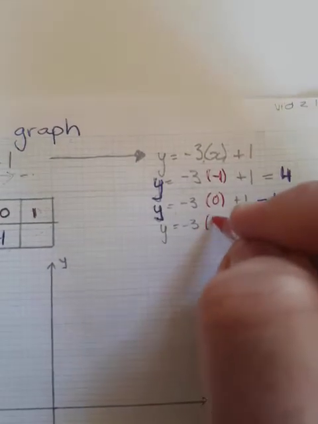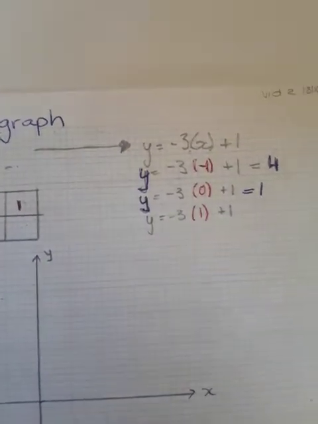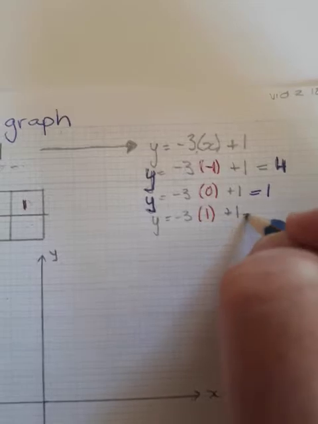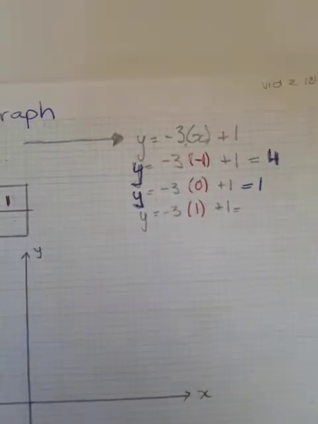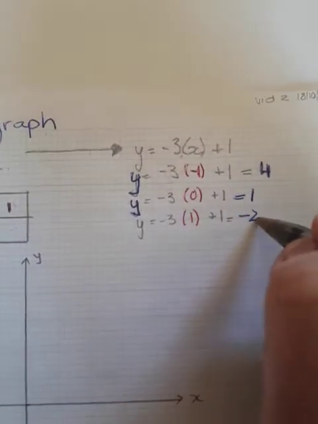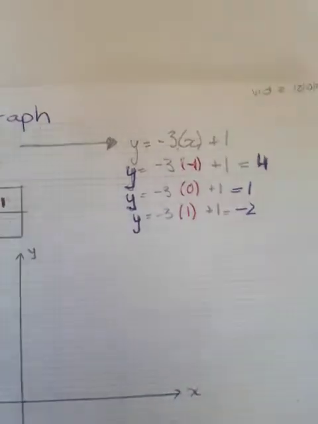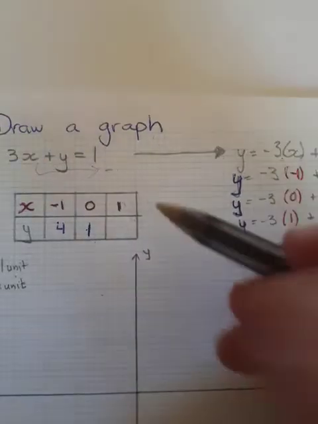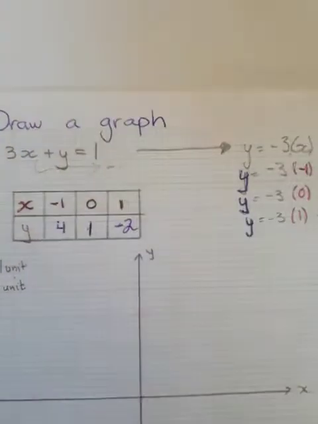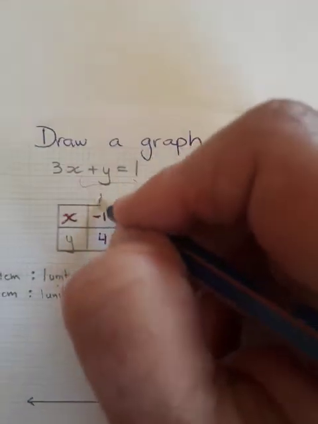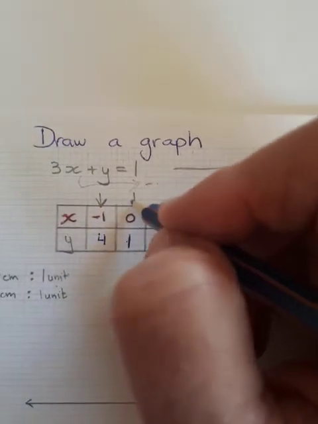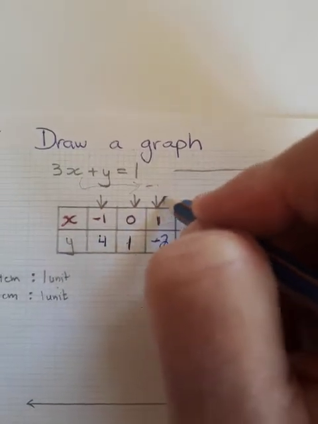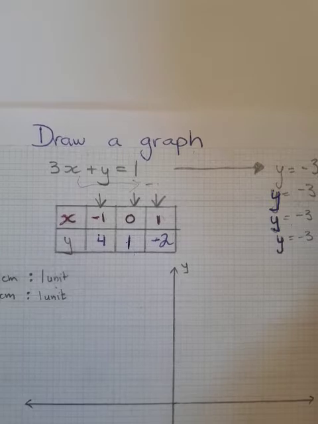Substitute the x with positive 1. Negative 3 plus 1 equals negative 2. So once again, y equals negative 2. So now each of these pairs give you one coordinate. Those are the ones that you now need to plot.